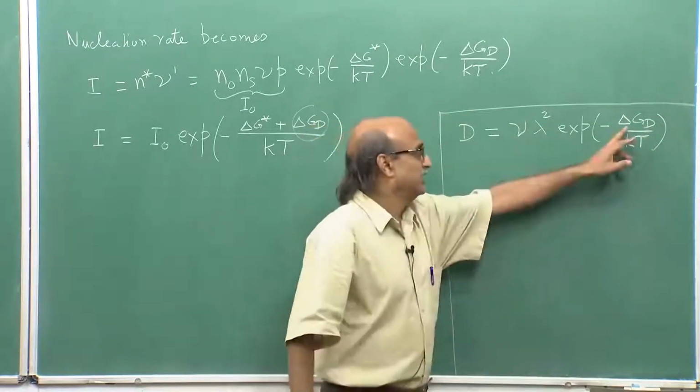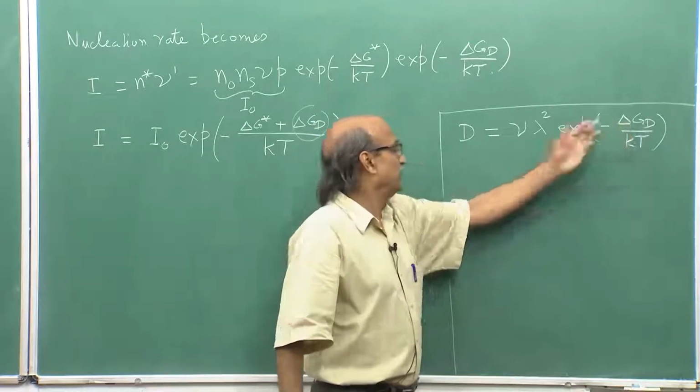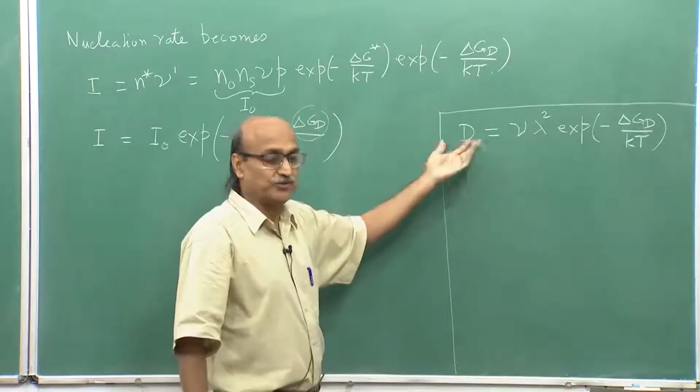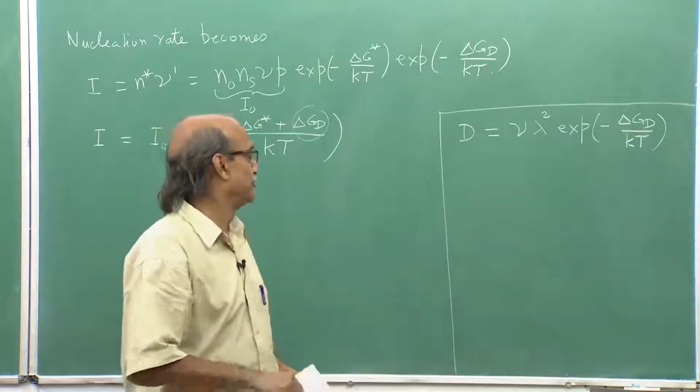So, higher the delta GD means smaller is going to be the diffusion coefficient, or more difficult it is for diffusion to take place.